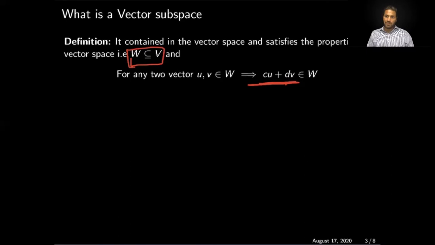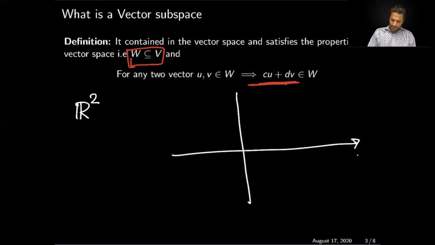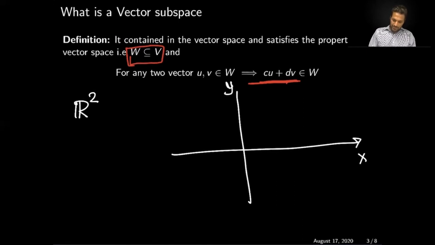But let me give you examples of which spaces are subspaces of vector spaces. We're going to take the example of first R2. R2 is a vector space, this XY plane is a vector space.